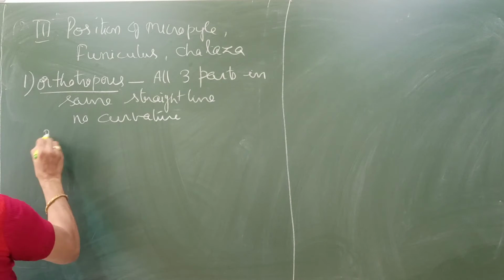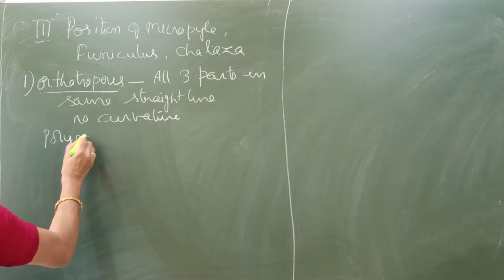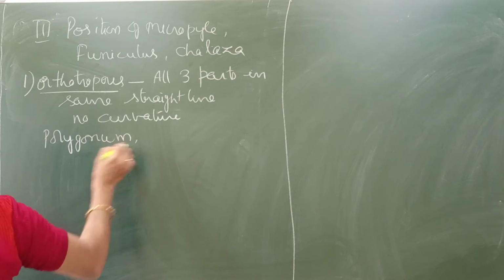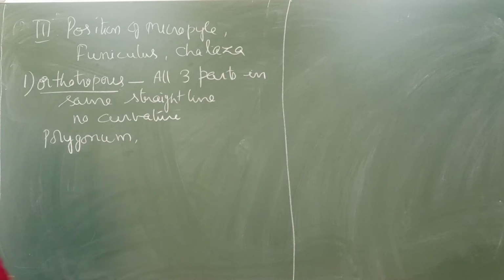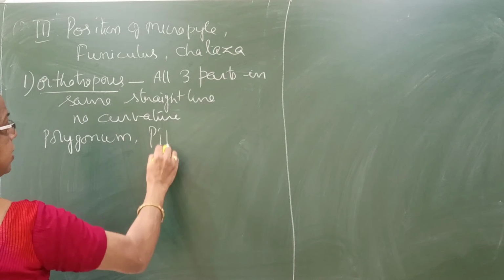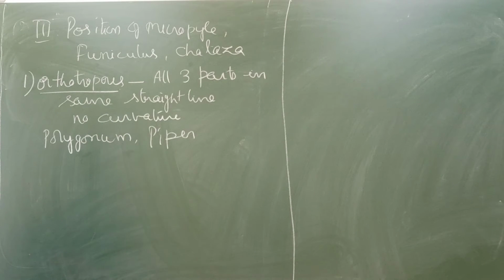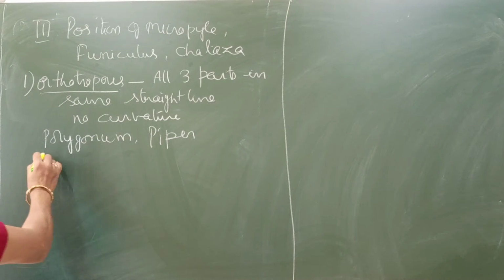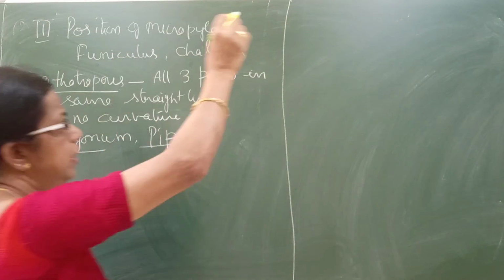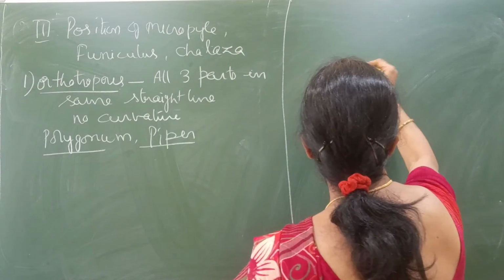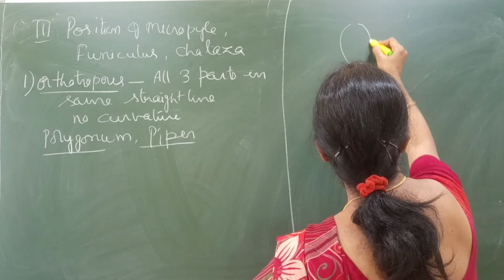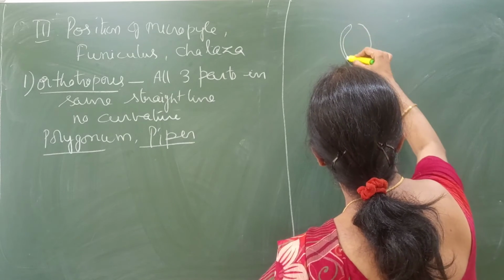Examples of orthotropous ovules are Polygonum and Piper nigrum. Here it will look like this: all three will be in the same straight line.